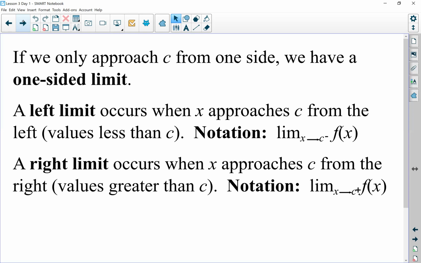Like if we had the square root of x, we couldn't have x approach 0 from both sides because it's not defined for values less than 0. We would need a one-sided limit. Logarithm, ln, is another case. And also, if we have piecewise defined functions, one-sided limits work really well.